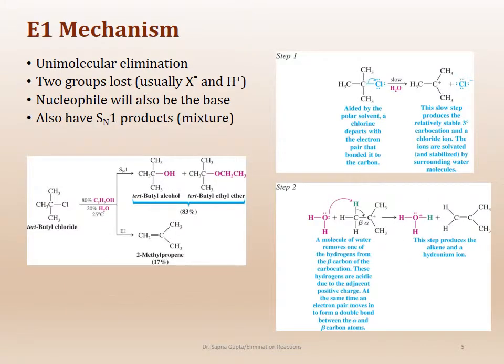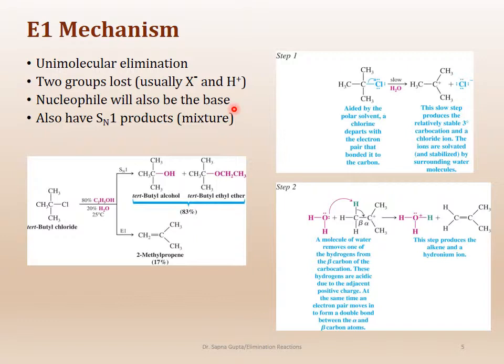In the E1 mechanism, this is a unimolecular elimination, which means first order, and only the substrate is involved in the rate determining step over here. The nucleophile is not as important, so the nucleophile here can also be the base. Now in SN2 and E2 reactions, the nucleophile or the base is very critical.